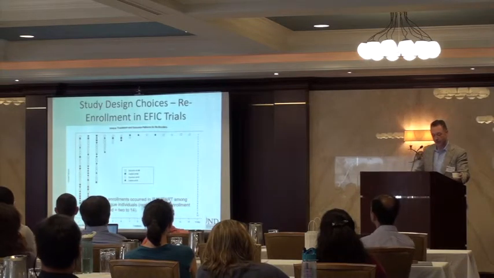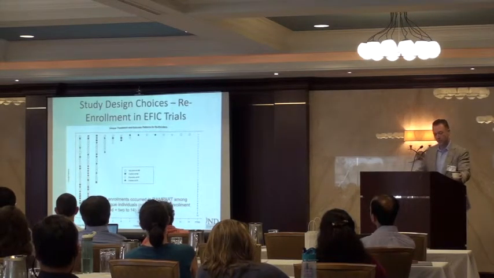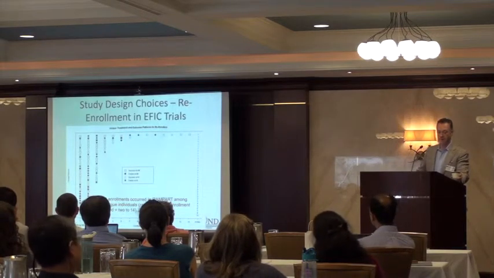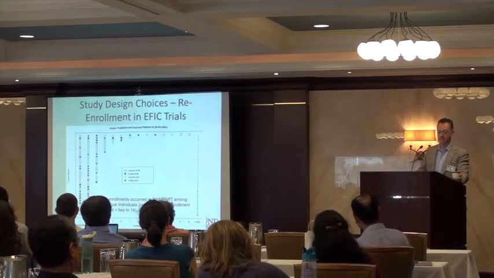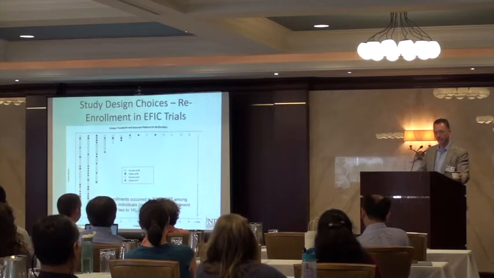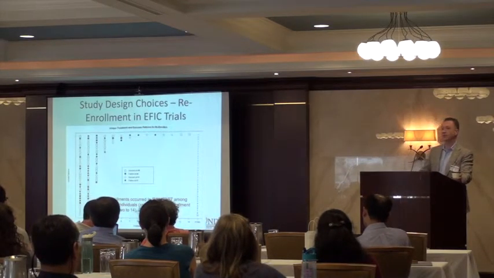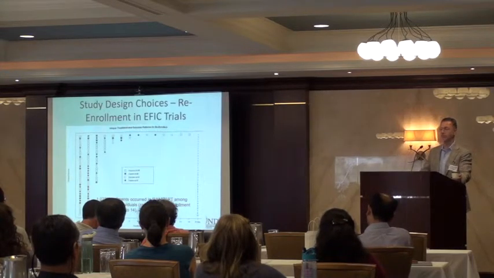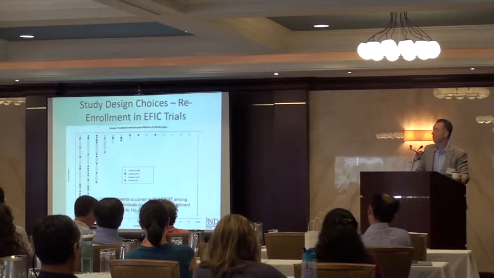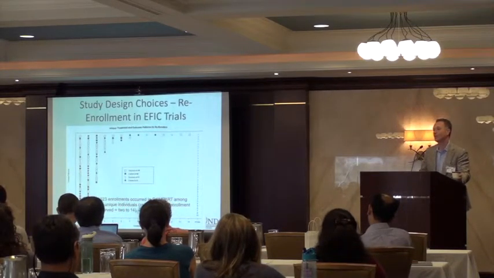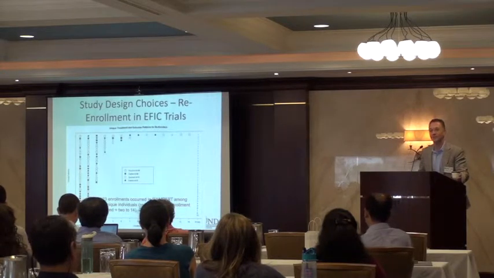Similarly, these are data from the esteemed Dr. Moyer here at University of Michigan in a status epilepticus trial, if I remember correctly. Very thoughtful design. Only first enrollment was used in primary outcome analysis, but here you see that each row of data in this figure is an individual who was enrolled in the trial multiple times.